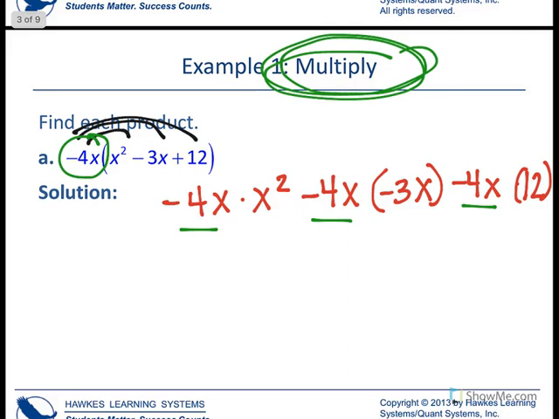See how they're not the same exponent? That is fine only if you're multiplying. If you're adding or subtracting, you have to have the same exponent. But if you are multiplying, it doesn't matter. So when I combine these, it's going to be a negative 4x.